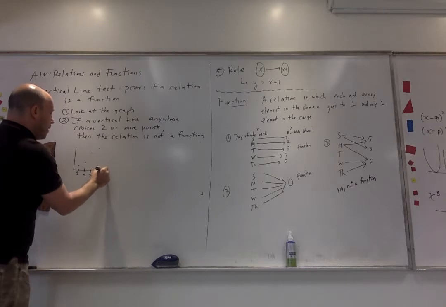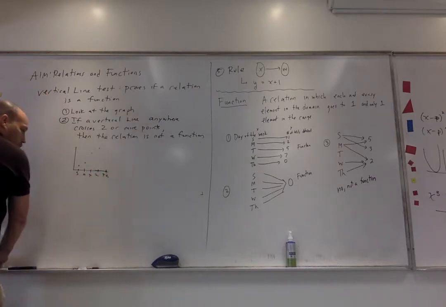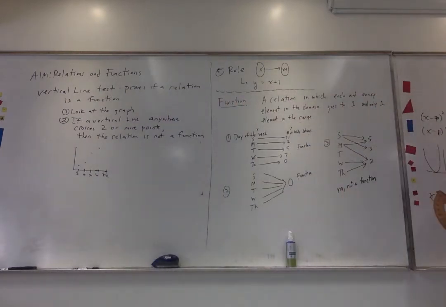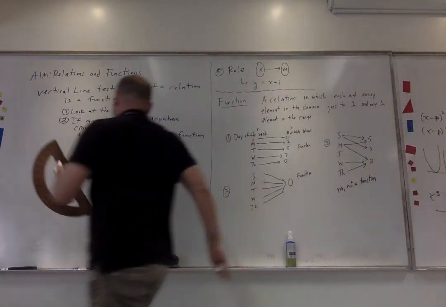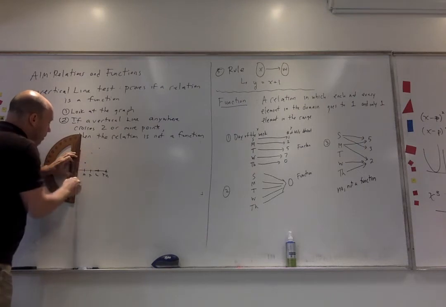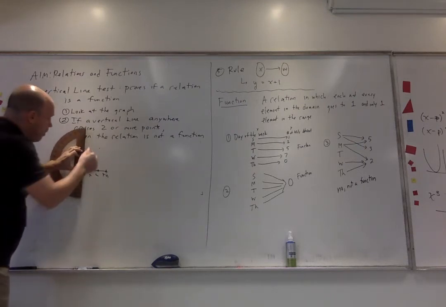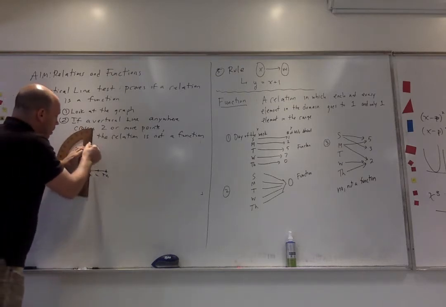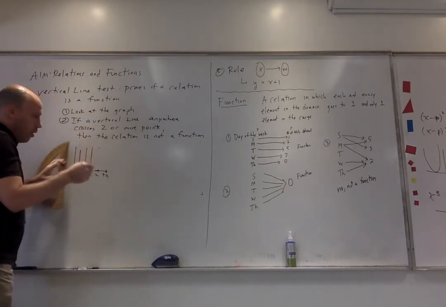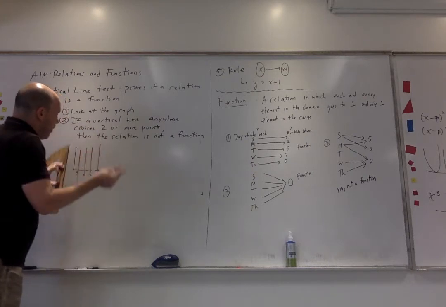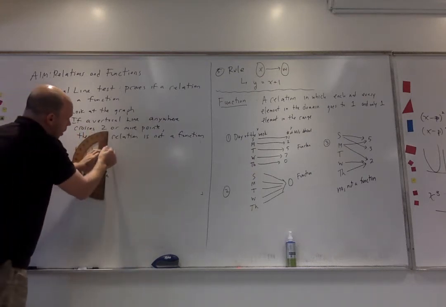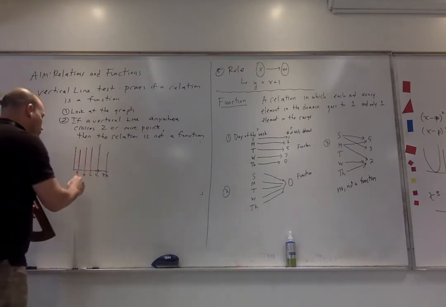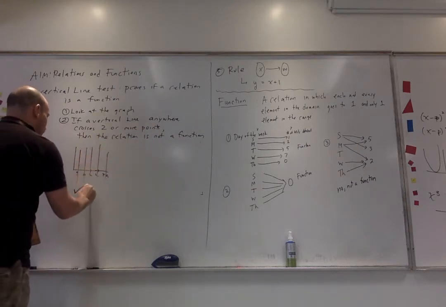And Thursday, I had 0. I'm going to draw vertical lines through all my points. Vertical line, only 1 point, good. Vertical line, through 1 point, good. Vertical line, good. 1 point, perfect. And this one works also. So this is good. It's a function.